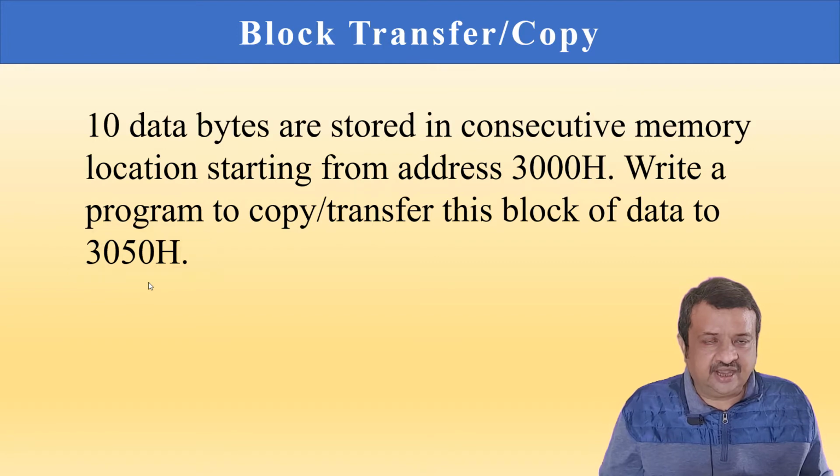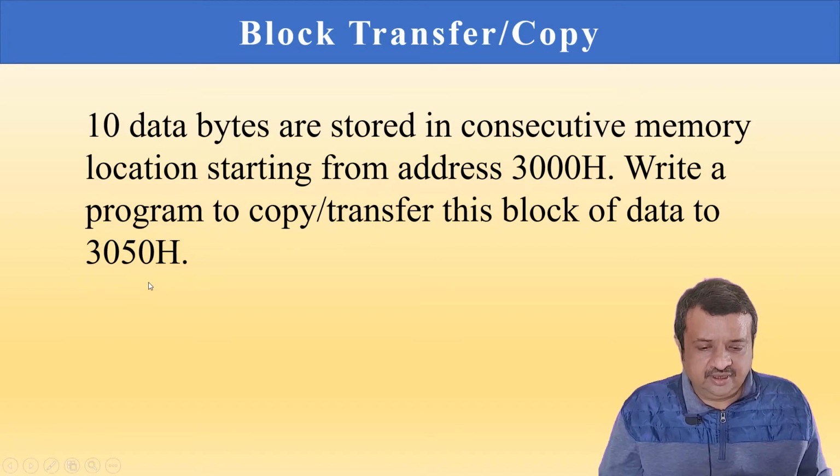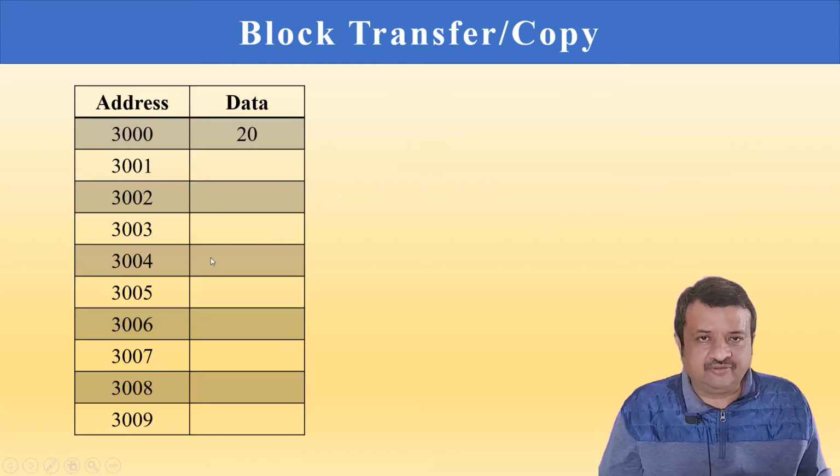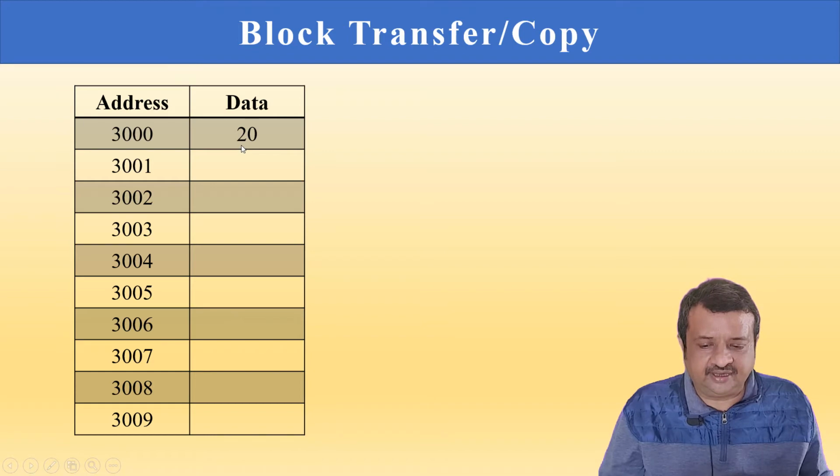So let us see how we can do it and what are the things involved. So this is a block of data as defined by us, where we have 3000, 01, 02 and so on up to 3009. That makes up the 10 bytes of our block of data.